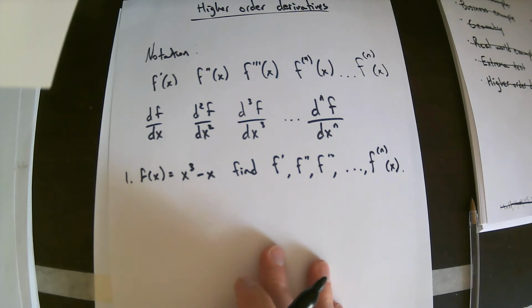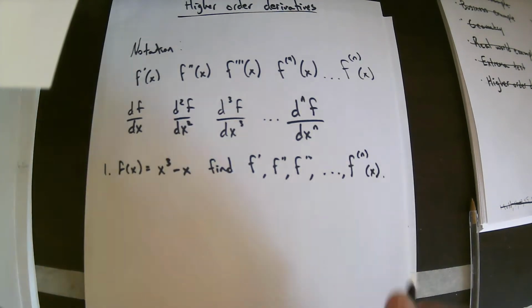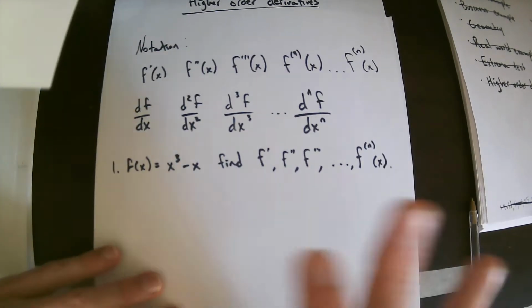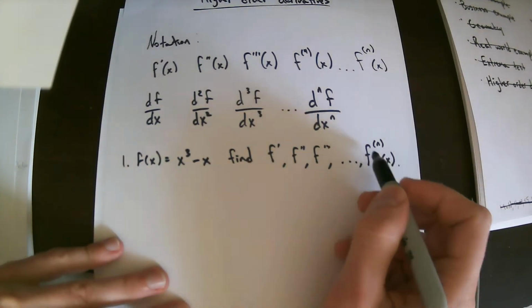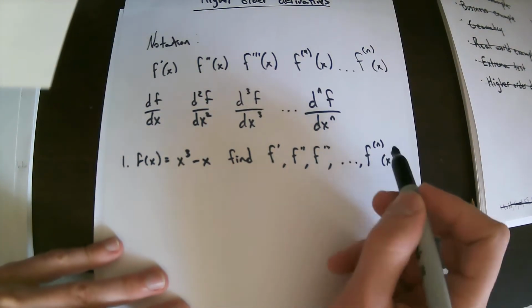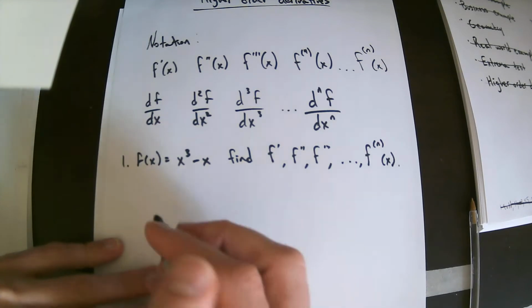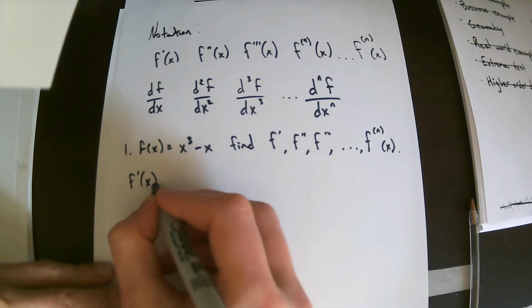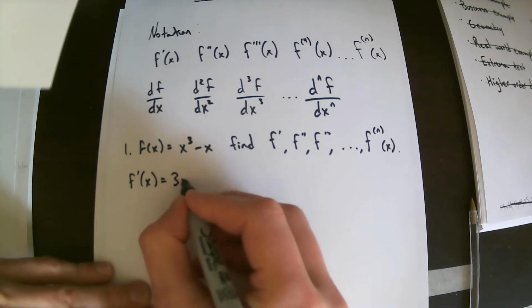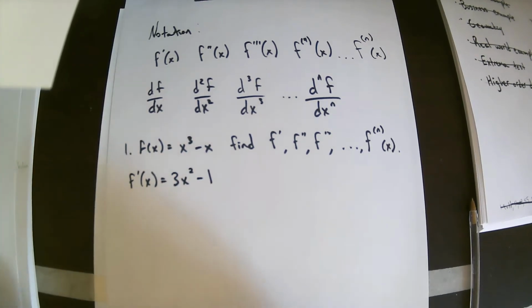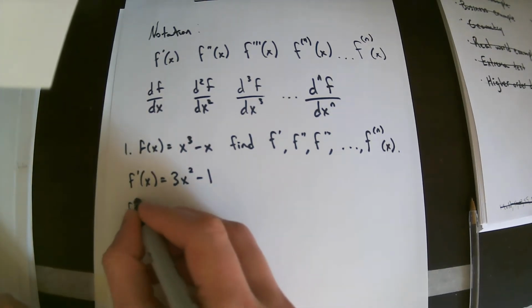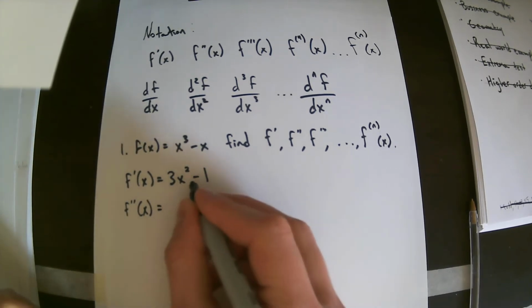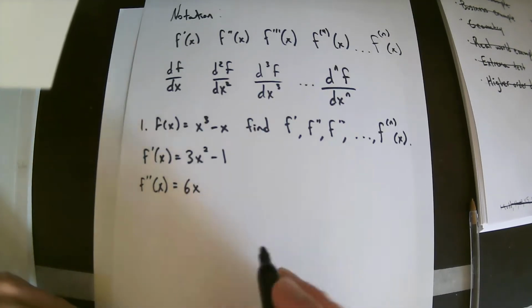I would have to tell you what n is. That's okay. First derivative, it's going to be 3x squared minus 1, just by the power rule. Second derivative, that one's going to go away, so it's just going to be 6x.